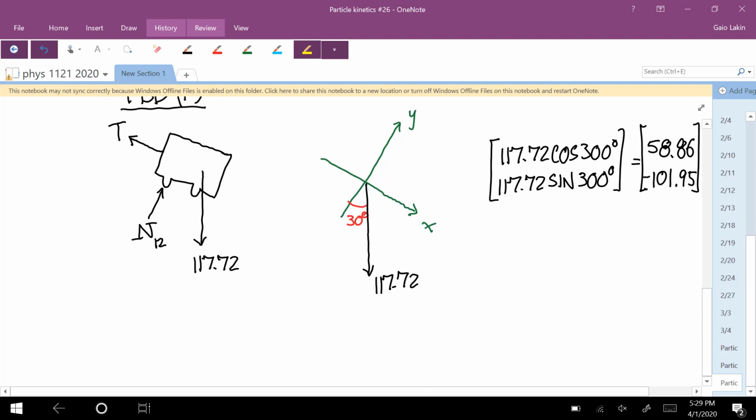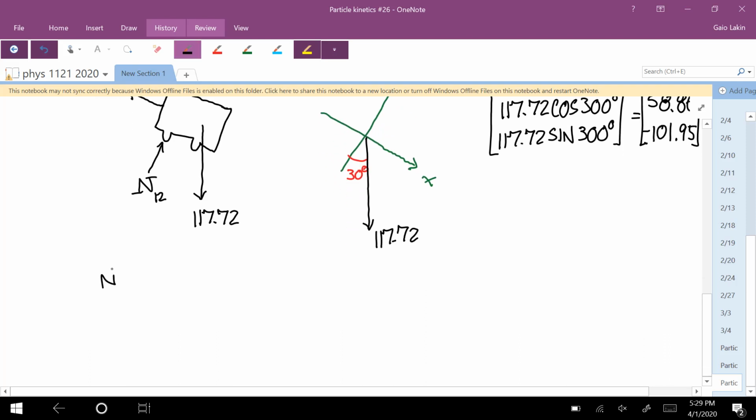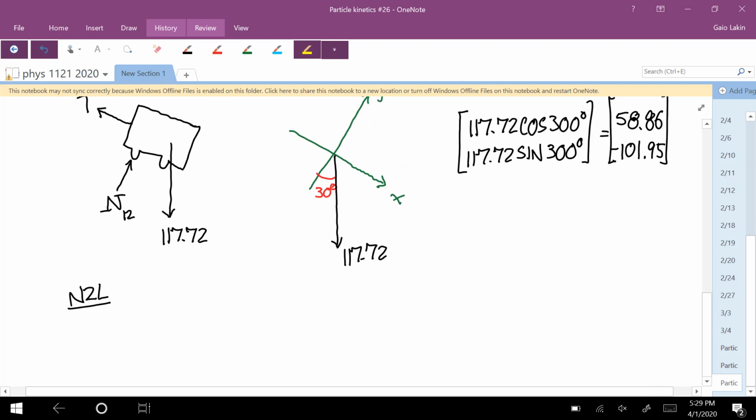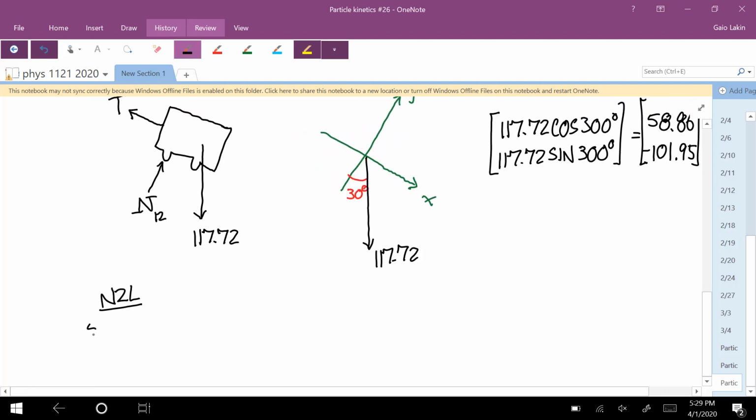And now we can go to Newton's second law for this one. We have the weight force we just figured out. So 58.86, negative 101.95.